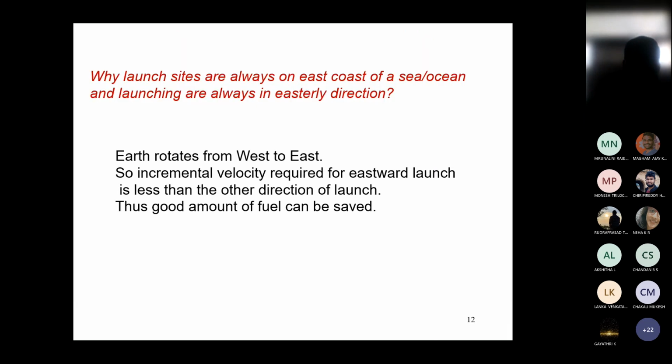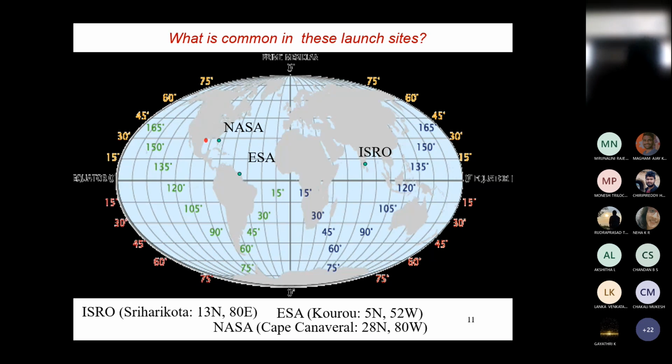So this is the question: why are launch sites always on the east coast of a sea or ocean, and launches always in an easterly direction? If you see all the launching pads, whether ISRO, NASA, or ESA, they are near the seashore. Only if you talk about Russia, their launching pad is Baikonur, which is a desert area.